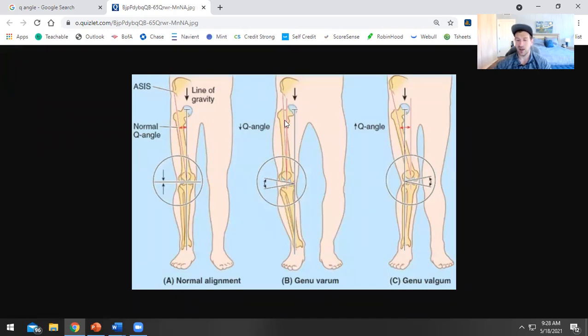So that's an increased Q angle. And then over here, we see sort of the exact opposite. We see the knee caving in, right? We're seeing, did I say increased? I meant, sorry, decreased Q angle. We're seeing a decreased Q angle here. Over here, we're seeing an increased Q angle, right?